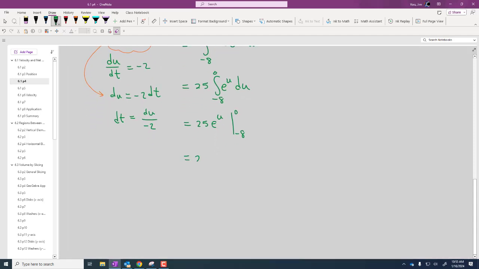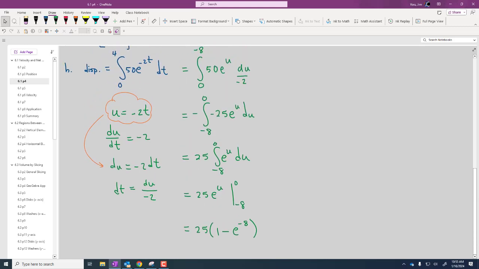So this is going to be 25 multiplied by upper limit first, e to the 0, which is 1, minus, so this is fundamental theorem of calculus, antiderivative evaluated at upper minus antiderivative evaluated at lower. So now minus e to the -8.